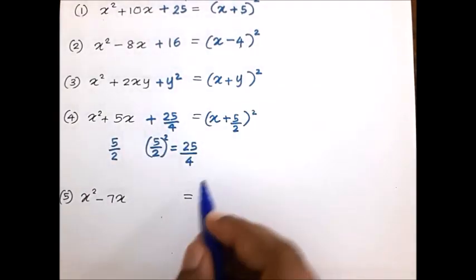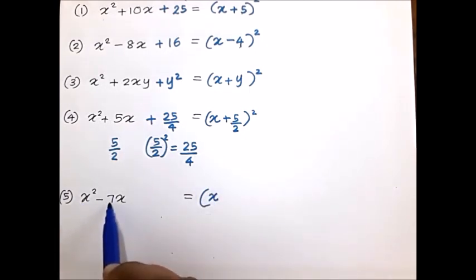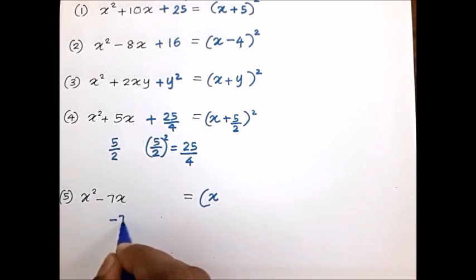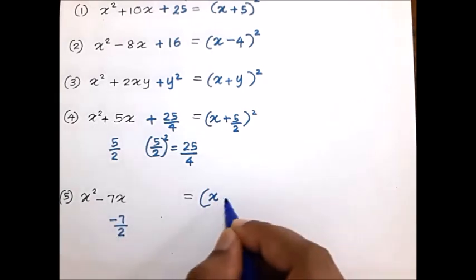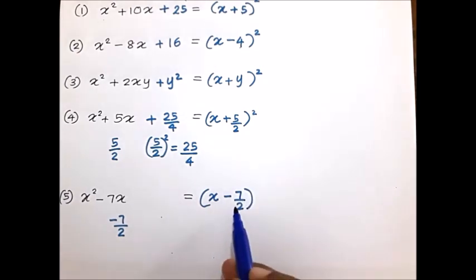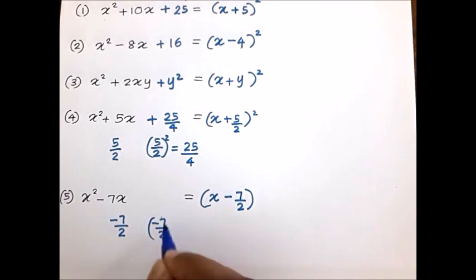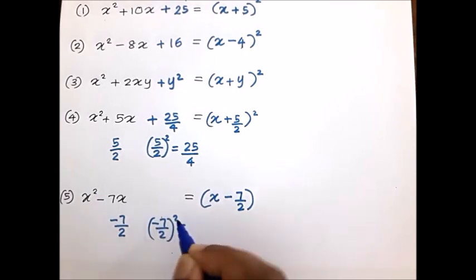Last one. First term is x. Write x here. Minus 7 divided by 2. Write it here. Then square it to obtain this term. Minus 7 divided by 2, squared. Minus 7 to the power 2, it is plus 49. 2 to the power 2, 4.